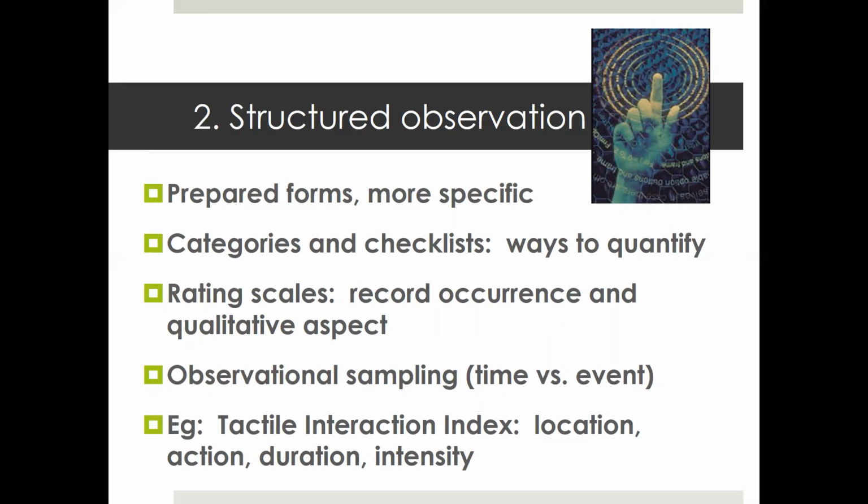You can write notes about that. You can observe at specific kinds of events, like my observational sampling of any injury. I would report that as an event and include those. So just know there are many kinds of structured observations that you can make.